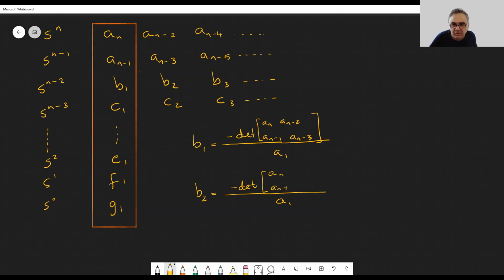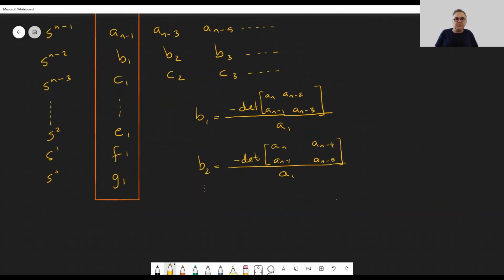But here you have a_(n-4) and a_(n-5). Okay? And so on. For example, B3 would be, again, the negative determinant of a_n, a_(n-1), a_(n-6), and a_(n-7), for example.